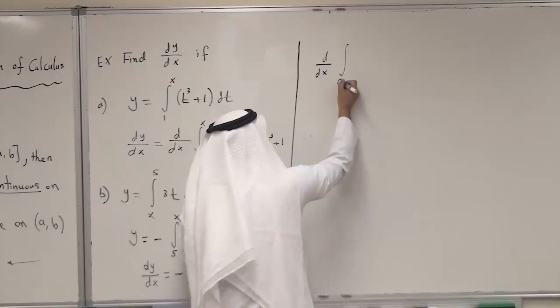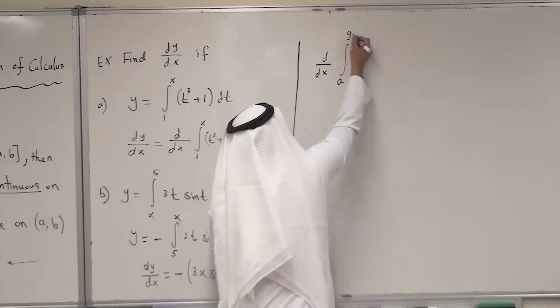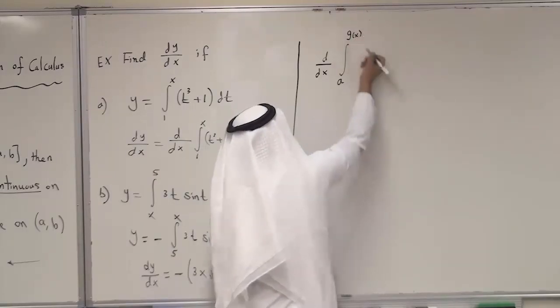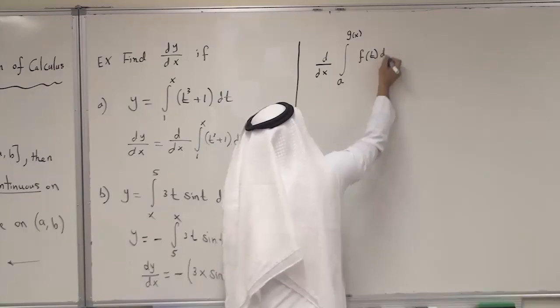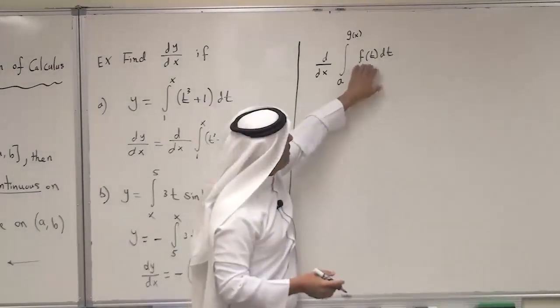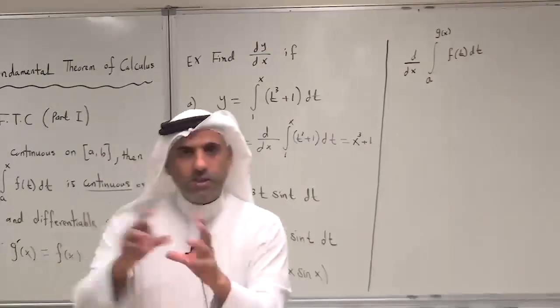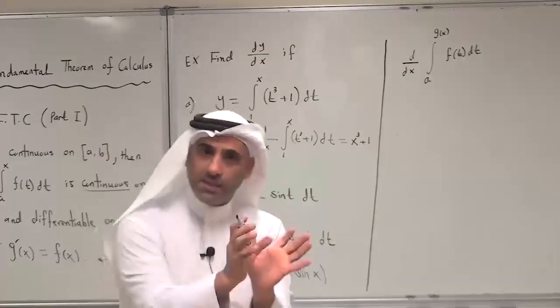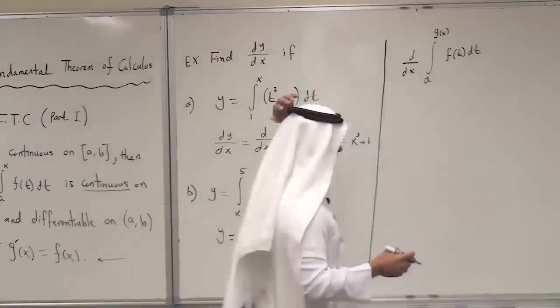If we have here, let us say a, and here we have g of x, not x, g of x, and inside we have f of t dt. Again, we are assuming the function f to be continuous. All conditions of the fundamental theorem of calculus are there. We are looking for the derivative of such a type of function.